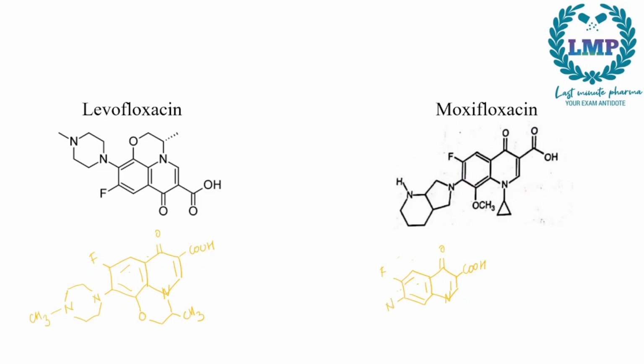Now here, instead of a 6-member ring, we give it a 5-member ring. After this 5-member ring, we give it a 6-member ring with a nitrogen at the tip. To make up the valency, we give it a hydrogen. Then right here, we give it a OCH3 group, and then here we give it a cyclopropane. So this will give you your moxifloxacin.